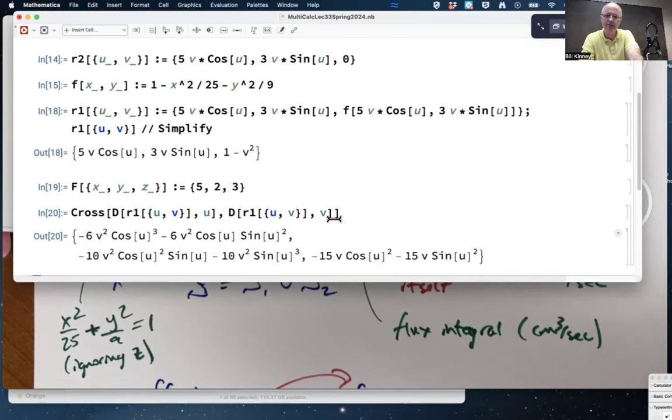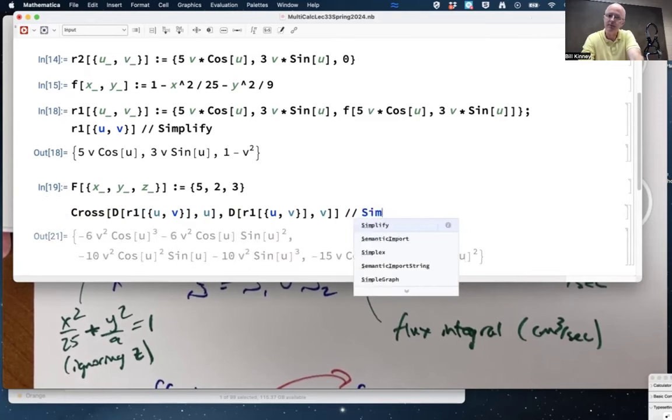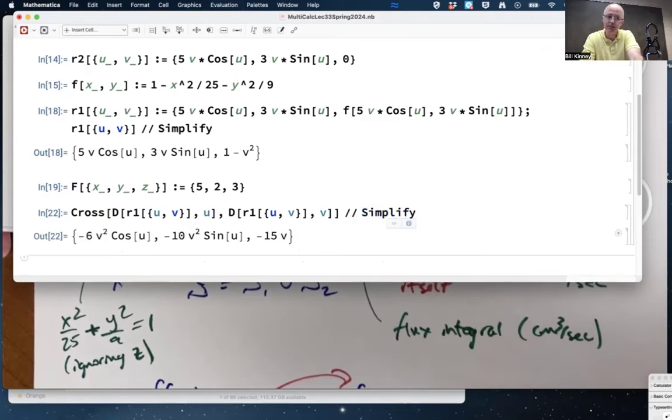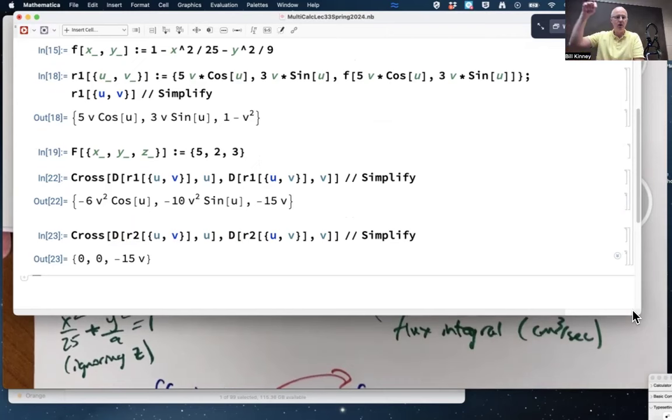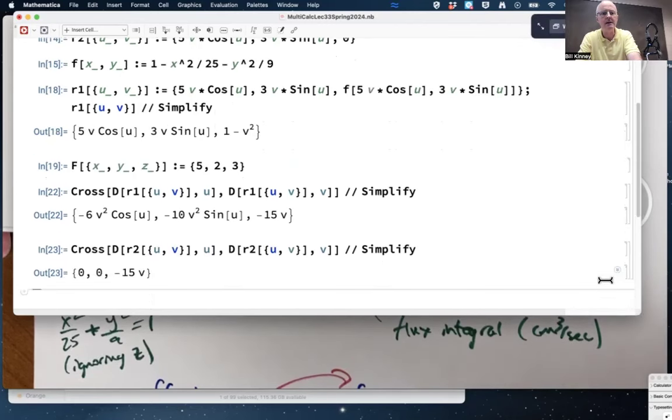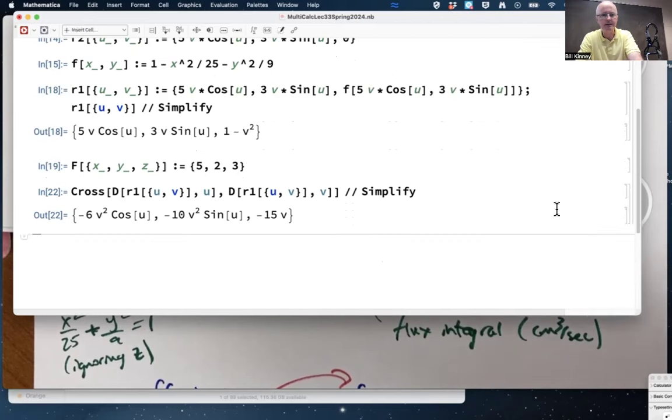Looks like it's working. Sometimes expand is better, sometimes simplify is better. Okay, simplify works better there. So that's going to be R1 sub u cross R1 sub v. We can do the same kind of thing for R2. R2 was for the bottom of the solid. R1 was for the top, right? I should have done those in the opposite order because that's what we've been thinking about so far. Let's just copy and paste this up here.